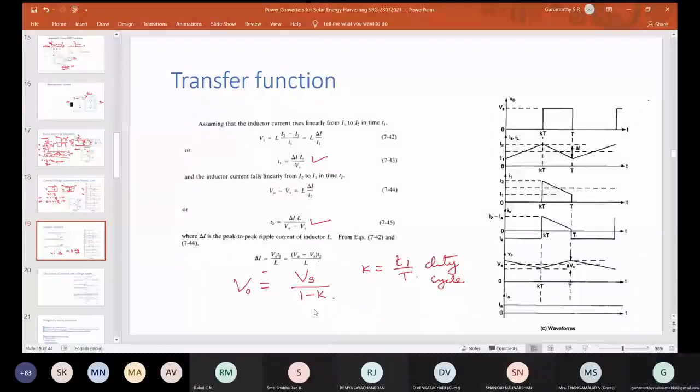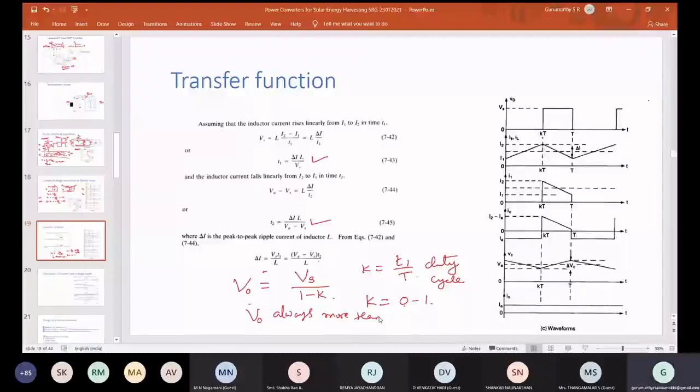Now you see here, T1 is always less than T. The maximum value of T1 can be T. So K varies from 0 to 1. This is the maximum value of K and this is the minimum value of K. So if you see this equation, Vo is always more than Vi, correct?